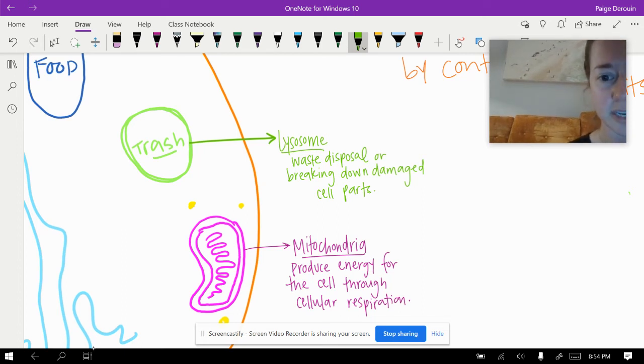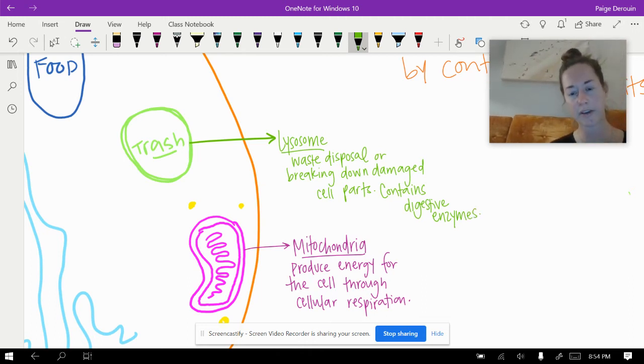It does this using enzymes, so I'll say it contains digestive enzymes. If, for example, a mitochondria wasn't doing its job correctly or was damaged, a lysosome could break it down and recycle the parts to build a new mitochondria.